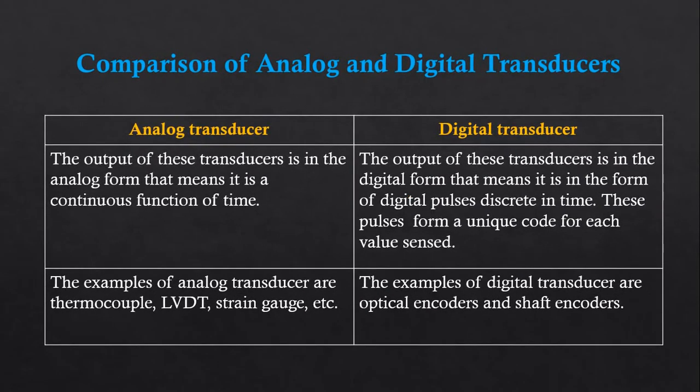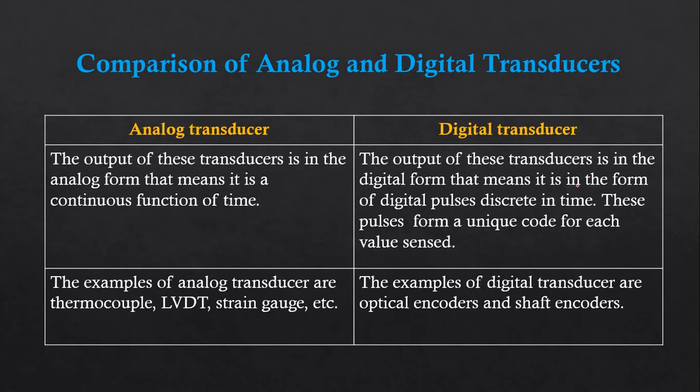Now talking about the comparison of analog and digital transducer. Now analog transducer, the output of this transducer is in the analog form. That means it is a continuous function of time. On the other hand, the output of the digital transducer is in the digital form.